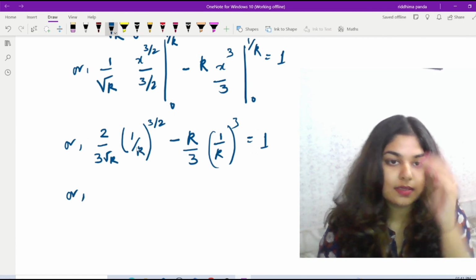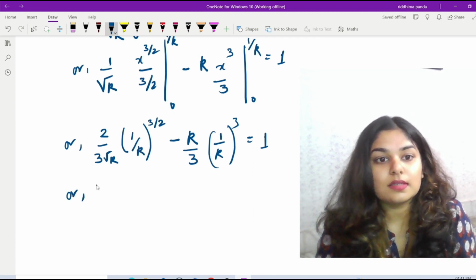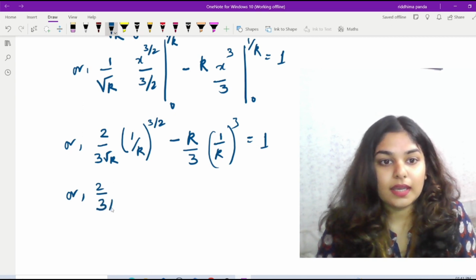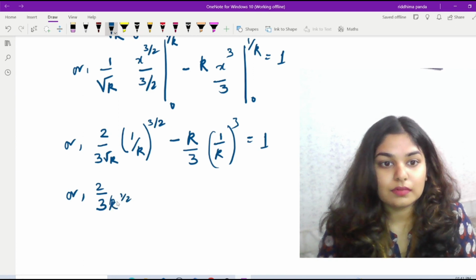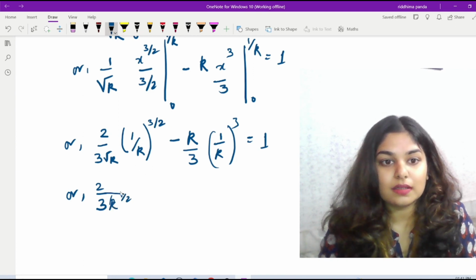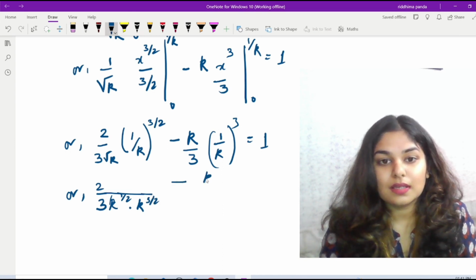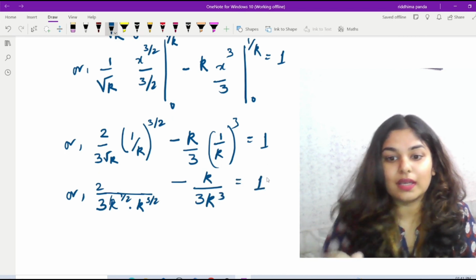Let's simplify this: 2/3 k^(-1/2) times k^(-3/2), minus k/(3k³), equals 1.